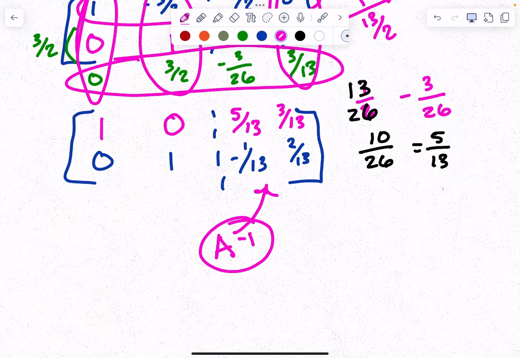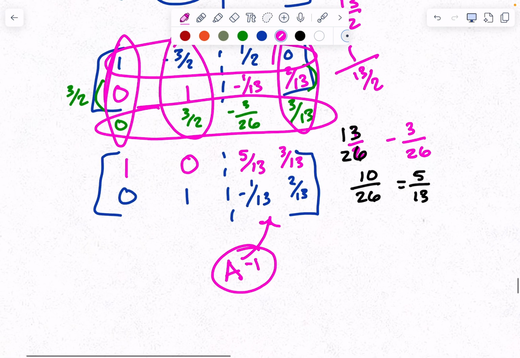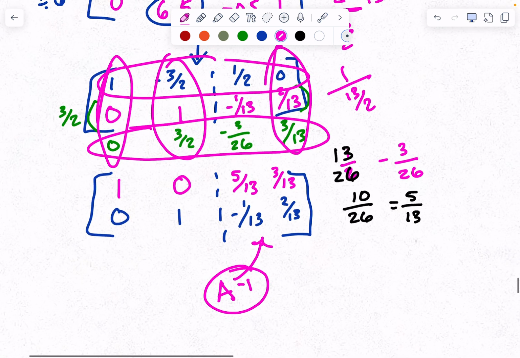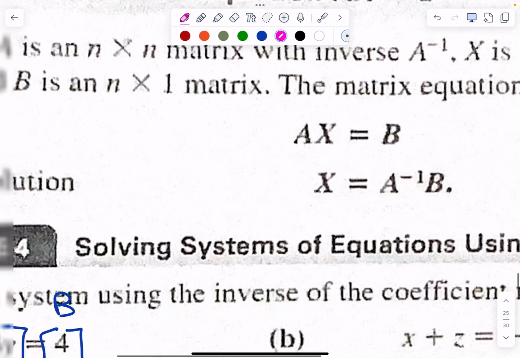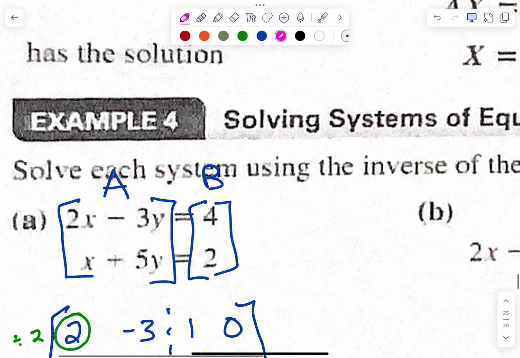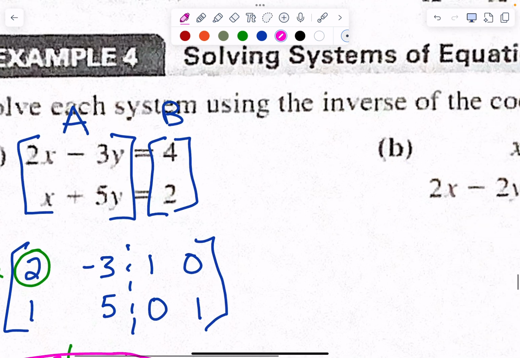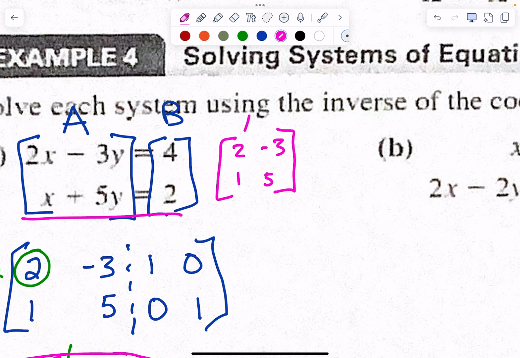All right, now here's the deal. Are you ready? That's the inverse. So disgusting. Okay, but the deal here is, look up at this one right here. If this is A, I can write it as 2, -3, 1, 5. That's what the A matrix is.